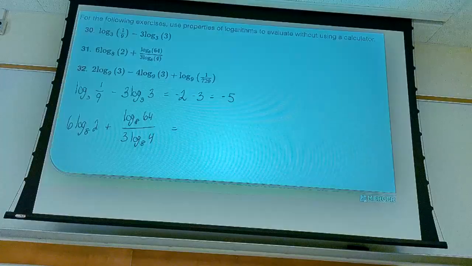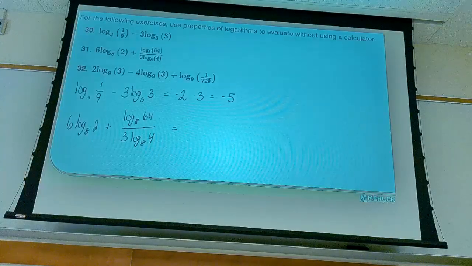Yeah, it actually is. So 8 to what power is 2? 1/3 power, the cube root of 8, right?